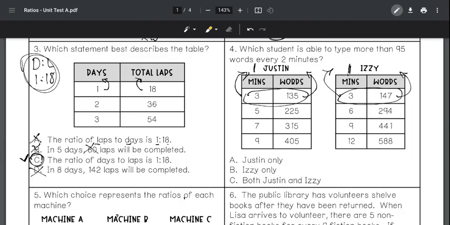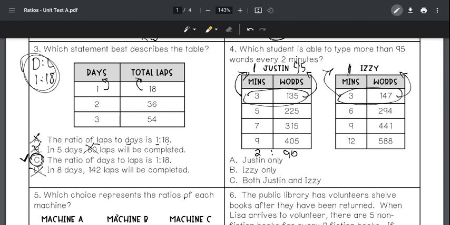So if you do 135 divided by 3, I think we end up with 45. Let me double check. Yep, 45. Okay, so in 1 minute, Justin can type 45 words, which means in 2 minutes, we just double that, and that means he can type 90 words.